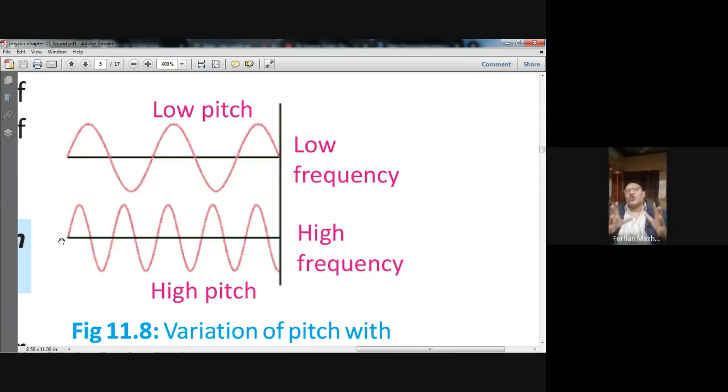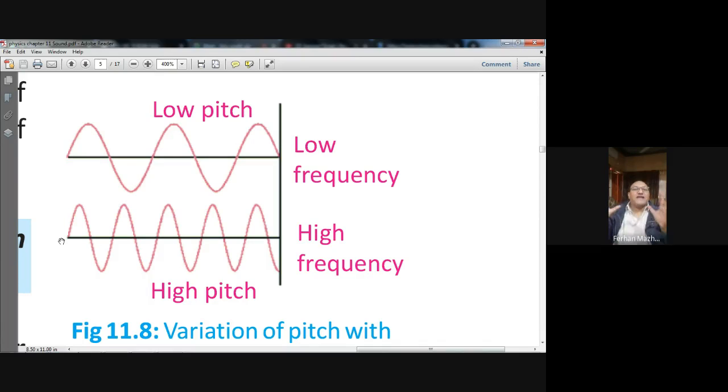In your O-levels course, the most important thing required about this topic is that you should be able to interpret a given displacement-time graph of a sound wave and decide which one has the higher frequency, which one has the higher pitch, which one has the lower pitch.